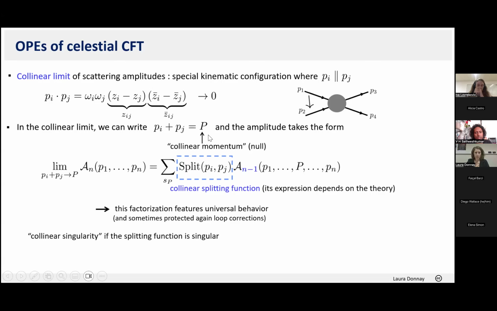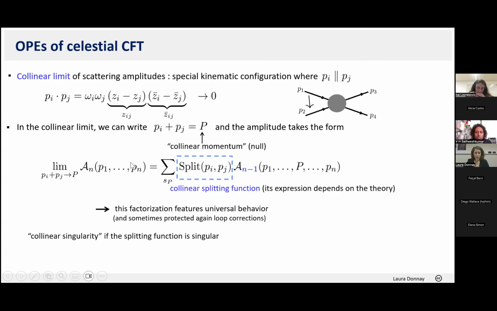This is the so-called collinear momentum. Why is that? Well, just square it: (p_i plus p_j) squared gives p_i squared, which is zero because it's massless, null, plus p_j squared, which is zero, plus 2 p_i dot p_j, and p_i dot p_j is zero. So you can always rewrite it as some null momentum.